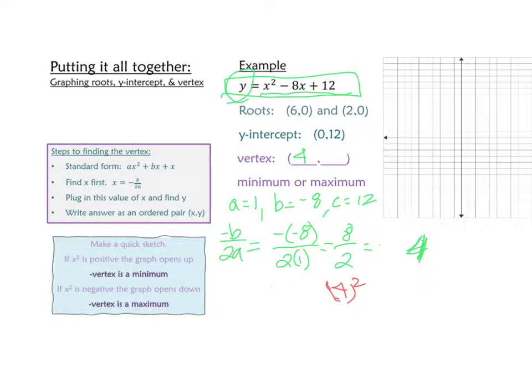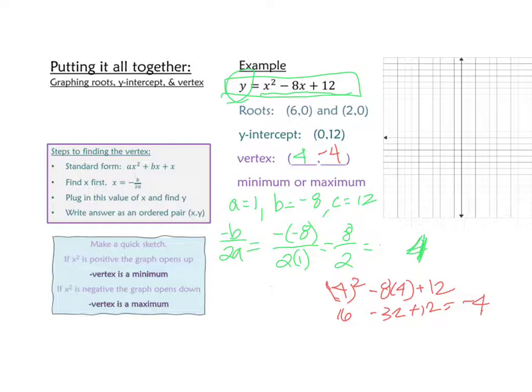And then we have negative 8 times 4 and plus 12. That roughly means 16 minus 32 plus 12, which, if you sit down and figure out, gives you -4.